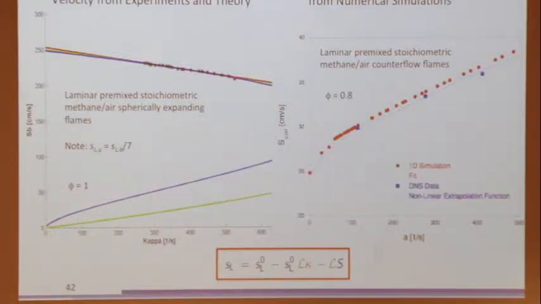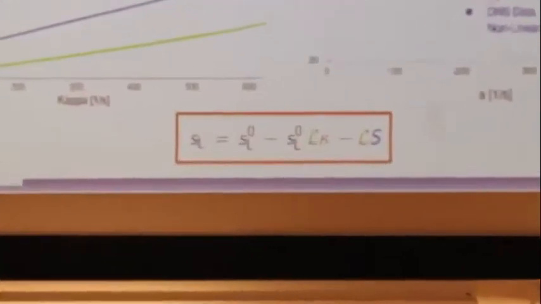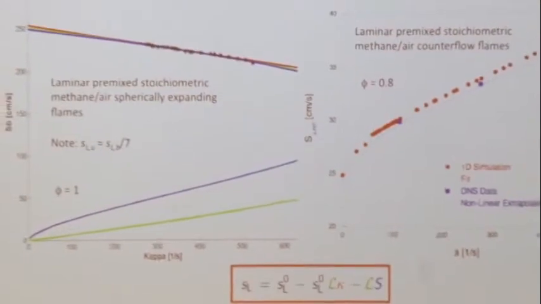If you move to larger flames, this term becomes smaller, and you approach this SB 0. You see it's almost linear. The measurement here is always linear. This here, by the way, is interesting. We didn't question that yet. But it just says that SL is linear in curvature, and it's linear in strain. And you see this linear assumption is not so bad.